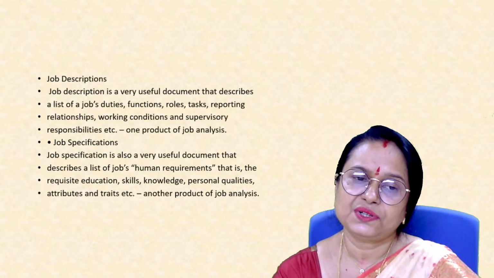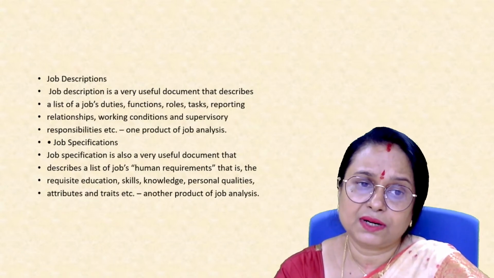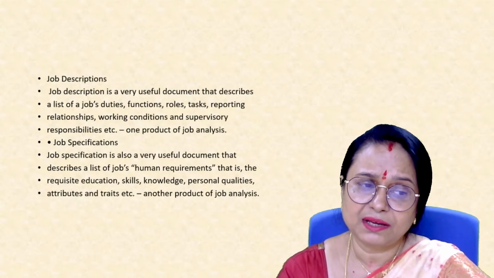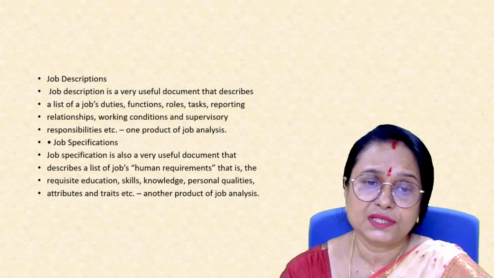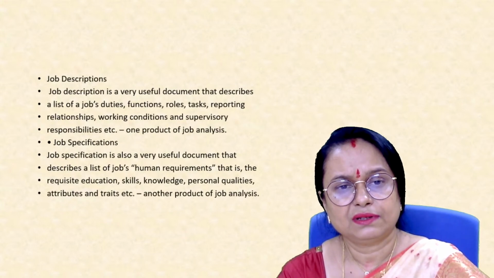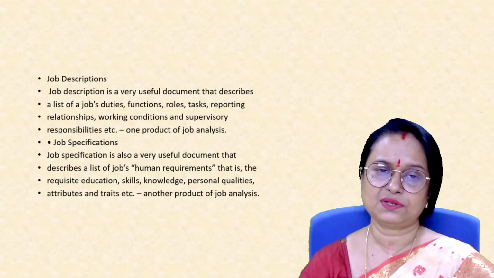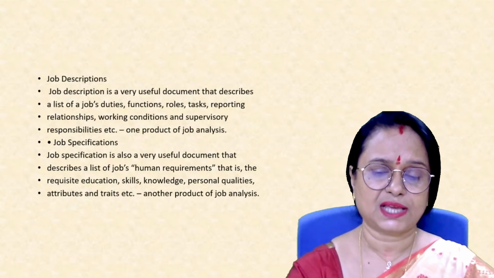In job specification, what are his capabilities, like what is his experience, what is his educational background, what are the extra skills and knowledge he is having, what are his personal attributes. These are included in job specification.